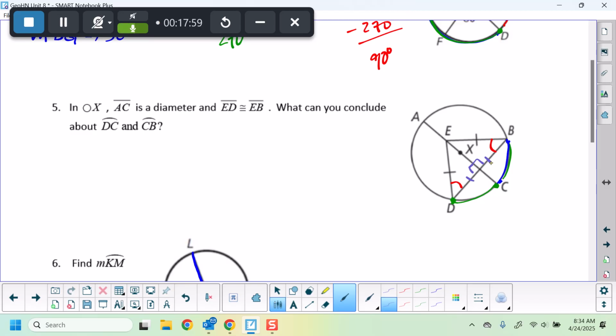So because these are bisected, these are congruent, the angles are fine, I have congruent right triangles. And if this is bisected and these have the same length, then this chord is also going to be bisected. So we'll talk about that as what you can conclude from that conversation.